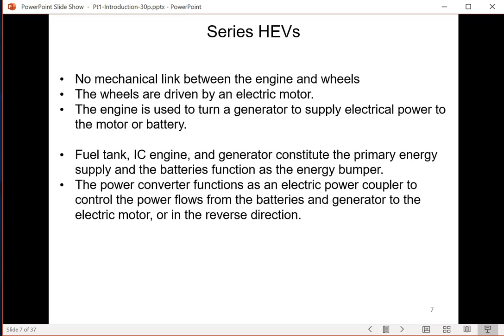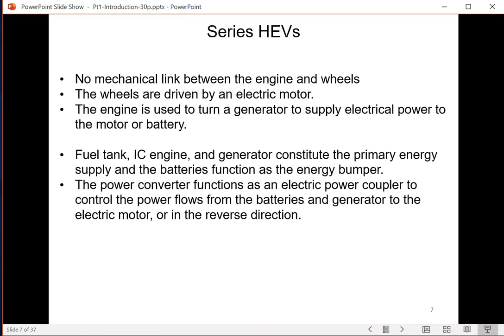Sometimes we can have separate motors for different wheels. The engine is used to turn the generator to supply the electrical power. Of course, you need the fuel tank, the IC engine, that's the internal combustion engine, and the generator. These are known as the primary energy supply. So the fuel tank, IC engine, and the generator produce electrical power.